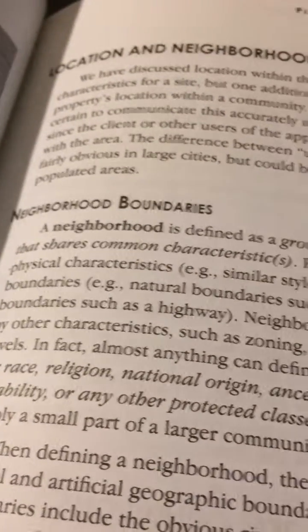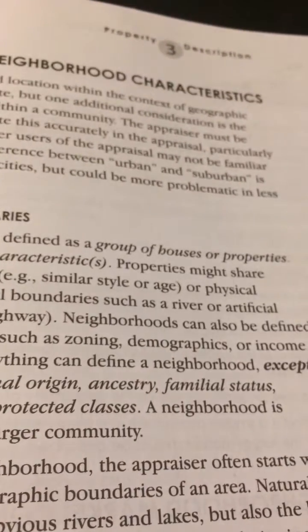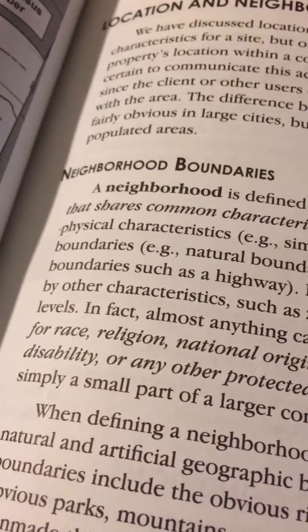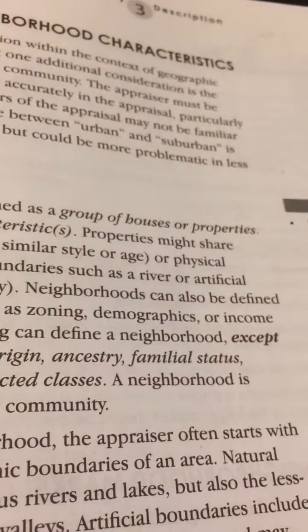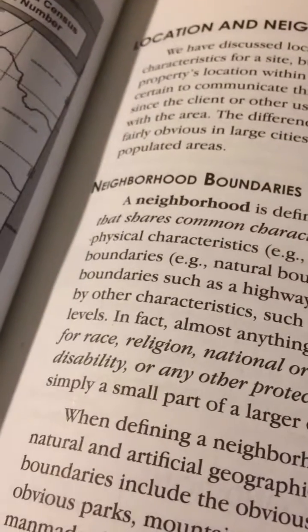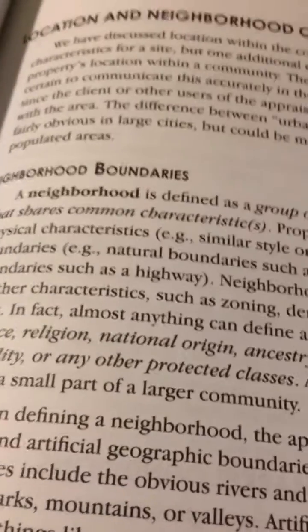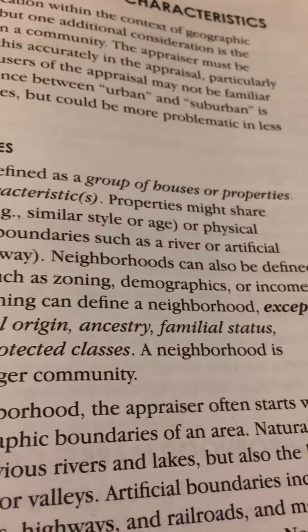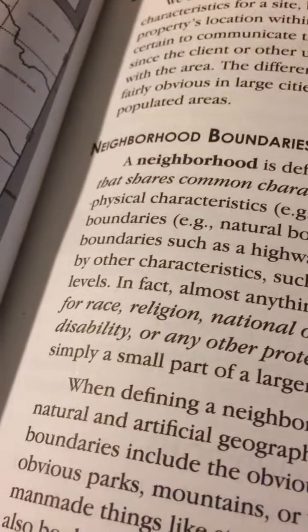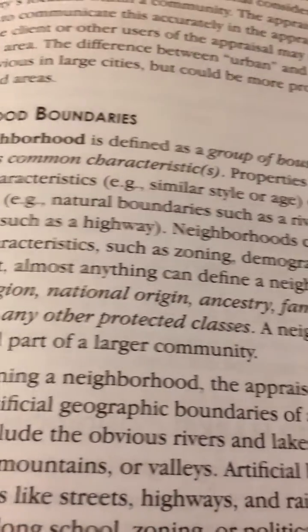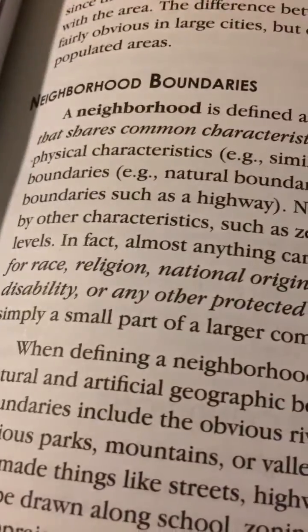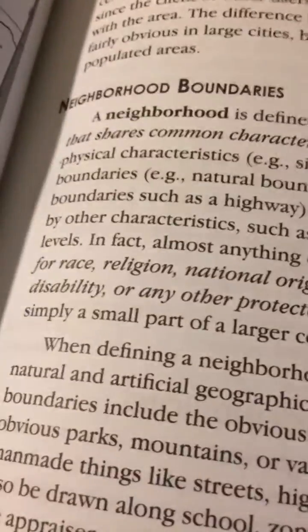Neighborhoods can also be defined by other characteristics such as zoning, demographics, or income levels. In fact, almost anything can define a neighborhood except for race, religion, national origin, ancestry, familial status, disability, or any other protected classes. A neighborhood is simply a small part of a larger community.